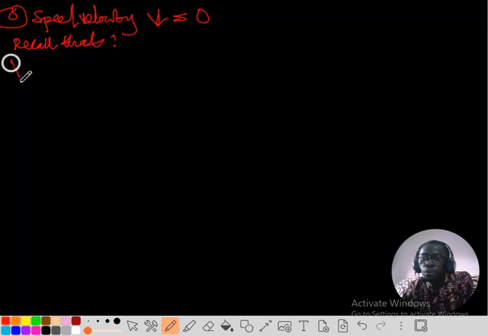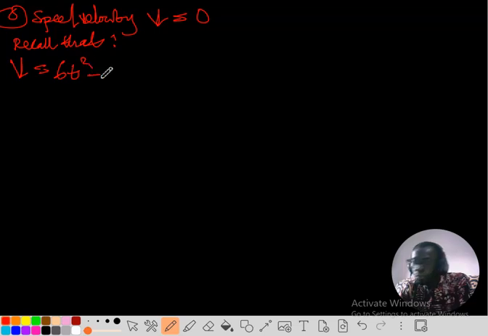For a particle to be momentarily at rest, the speed or velocity v will be 0. Now recall that speed v, we've got that to be 6t squared minus 6t minus 5.